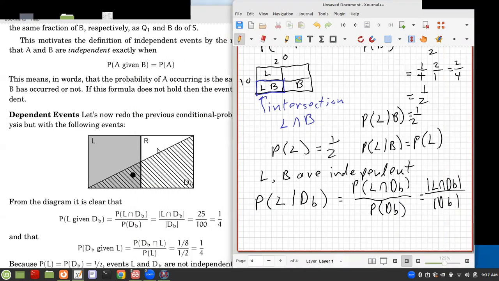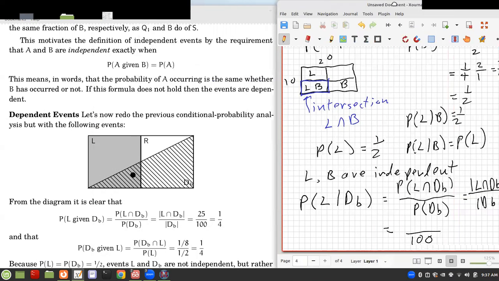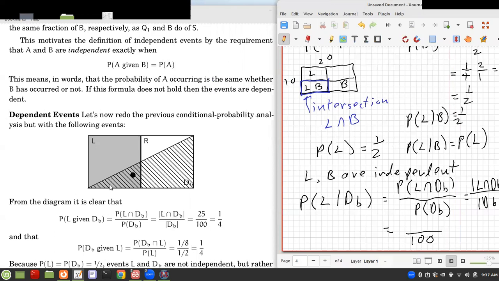And you can see that this diagonal is going to divide the whole space in half. If there are 200 squares in here, this is going to be 1/2 that, or 100. So this is going to equal something over 100. Okay, but what's the intersection of L and this? Well, it's this sliver here.